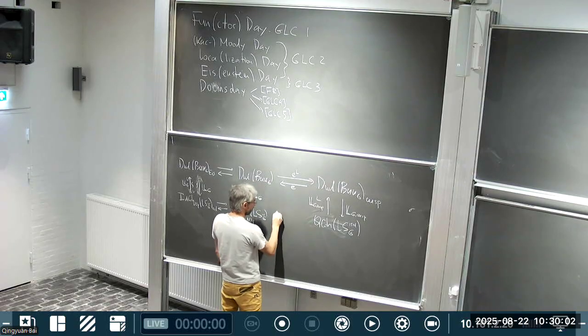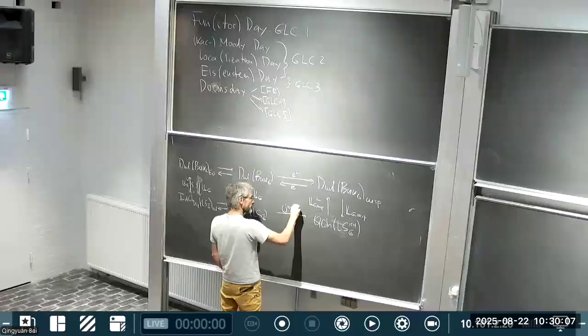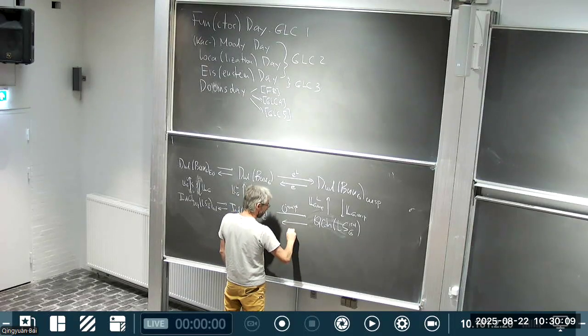And so this is the functor where J spec was the embedding of the irreducible locus. So here J spec goes up.